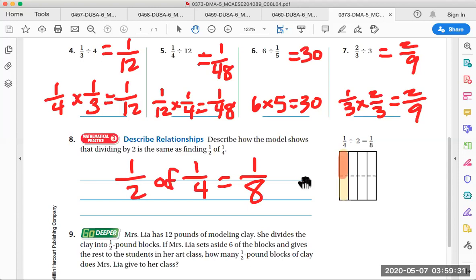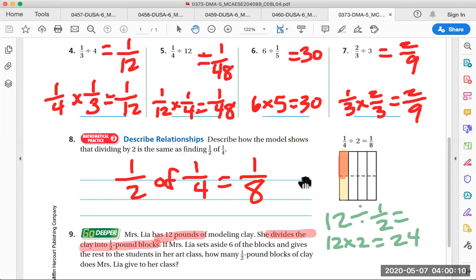Okay. All right, on number 9, Mrs. Leah has 12 pounds of modeling clay. She divides the clay into 1/2 pound blocks. If Mrs. Leah sets aside 6 of the blocks and gives the rest to students in her art class, how many 1/2 pound blocks of clay does Mrs. Leah give to her class? Okay, so the question really is, if we start with 12 pounds and she divides them into 1/2 pounds, the problem we're solving there is then 12 divided by 1/2, which is the same as 12 times 2 is 24.